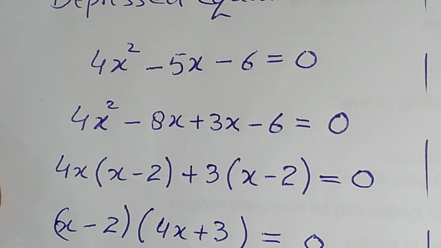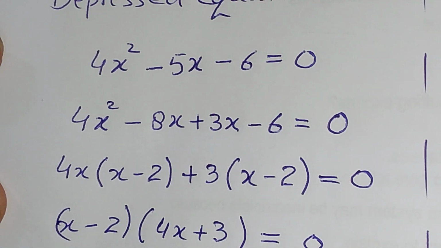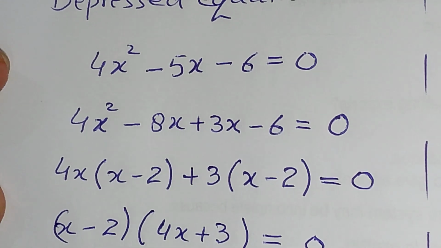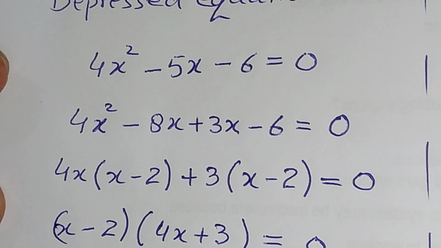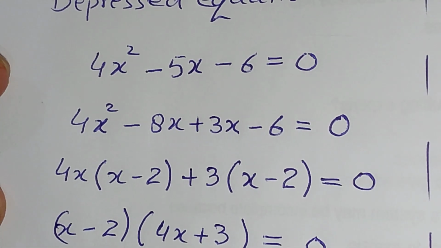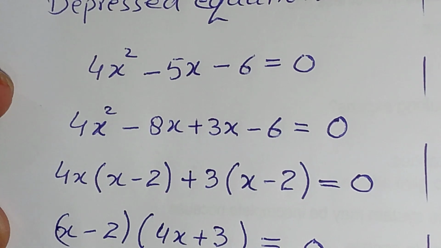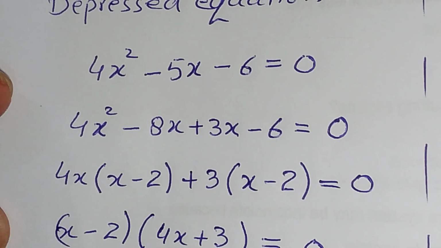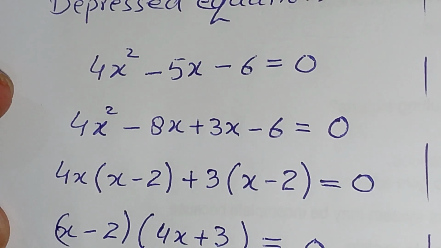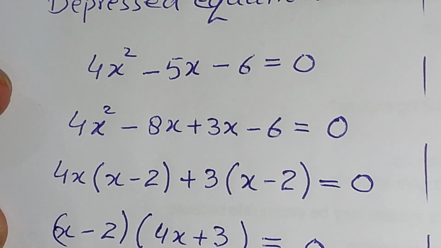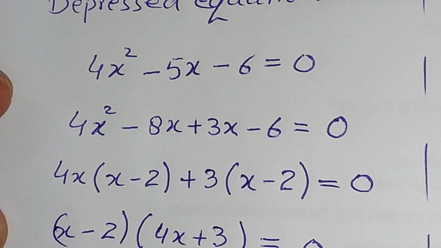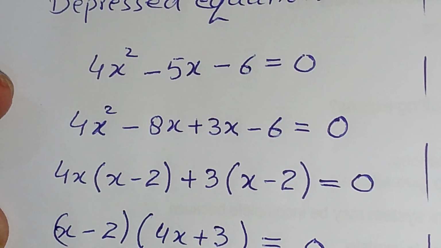Now by putting x minus 2 equals to 0, this will give us x is equal to 2. Now put this one, 4x plus 3 equals to 0. This will give us 4x is equal to minus 3 and x will be equal to minus 3 by 4.